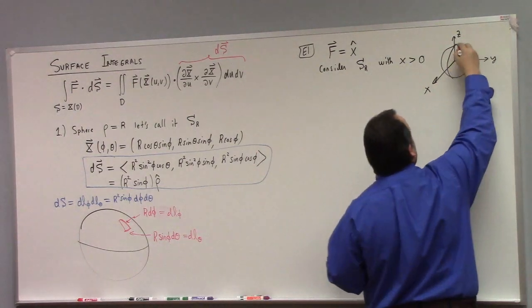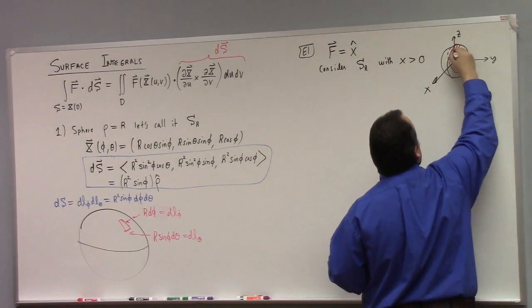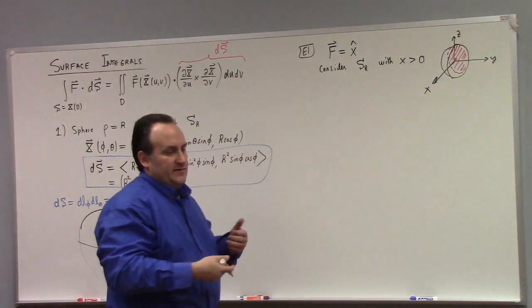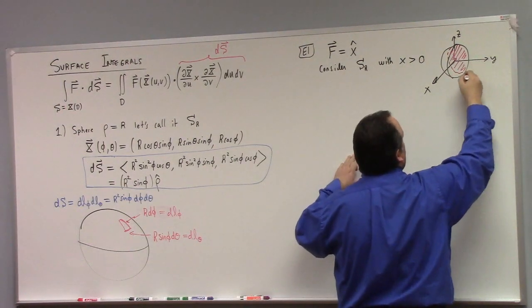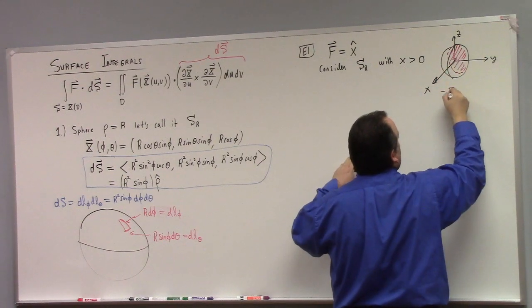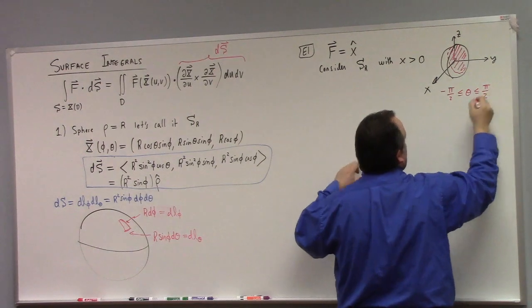It's chopped back here at the YZ plane. So what's going on here is you're going, basically, minus pi over 2 less than or equal to theta less than or equal to pi over 2, right?